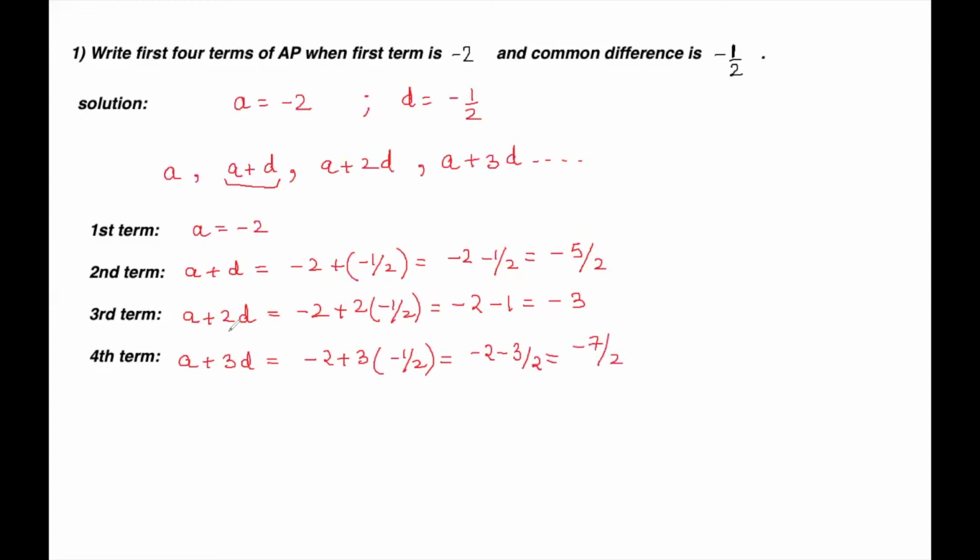Okay, so our AP will go like this. Minus 2, that is the first term. Second term is minus 5 by 2, then minus 3, then minus 7 by 2, and so on. Okay, so I hope this question is clear. Let's move on to next question.